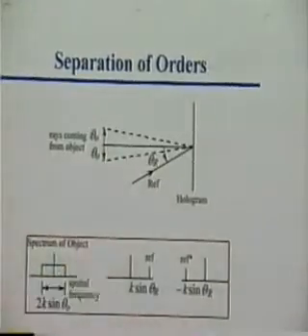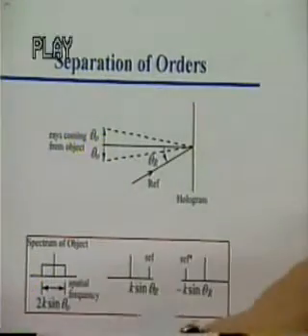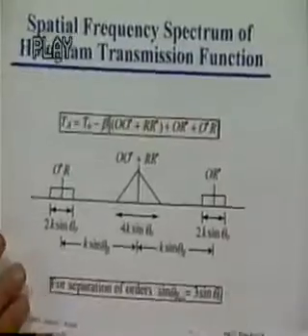Okay. So any question on separation of orders? Well, if you make holograms, you'll find it's very important to separate orders. Otherwise, you get complete messes. And if we go back to Gabor's day, he had trouble separating orders.